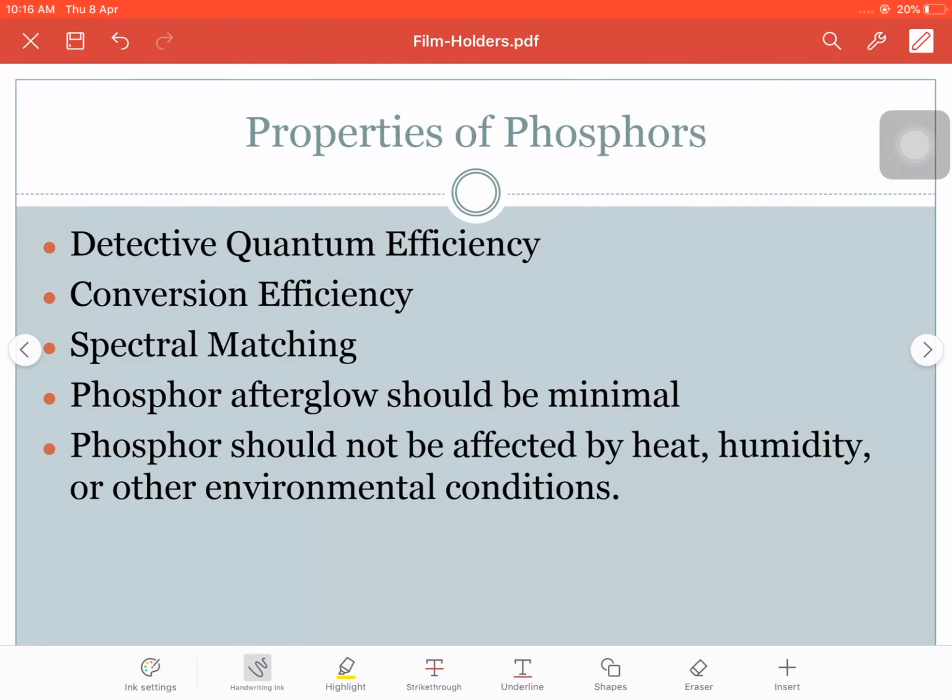When we say afterglow, once the phosphor was struck by the X-ray energy, it should not emit light after the exposure. Because if it continuously emits light even after the exposure, it could add some density to the image and deteriorate the image quality. Last, the phosphor should not be affected by heat, humidity, or other environmental conditions.